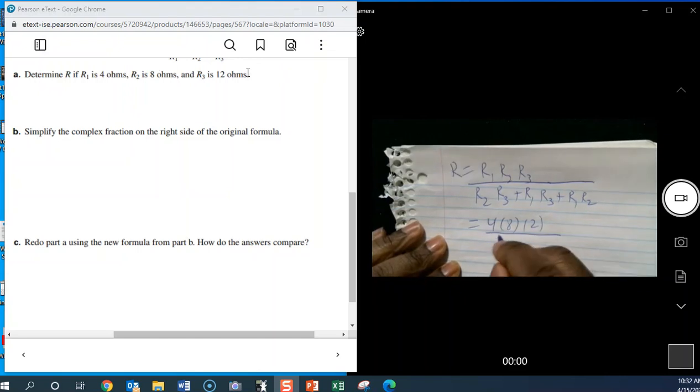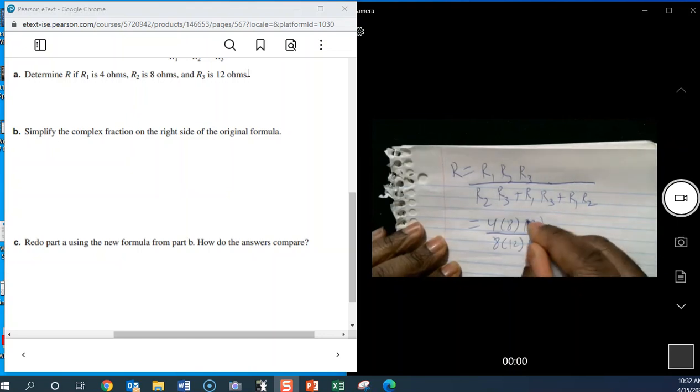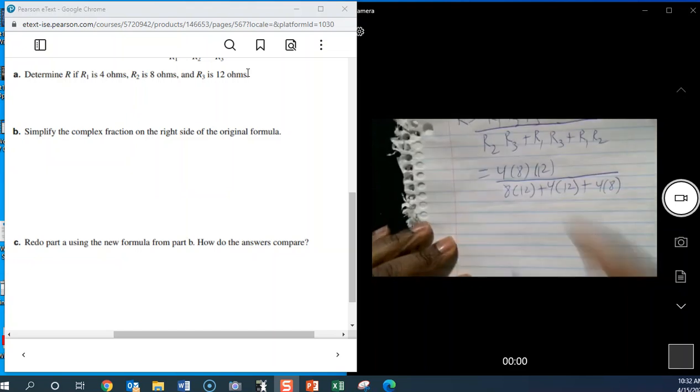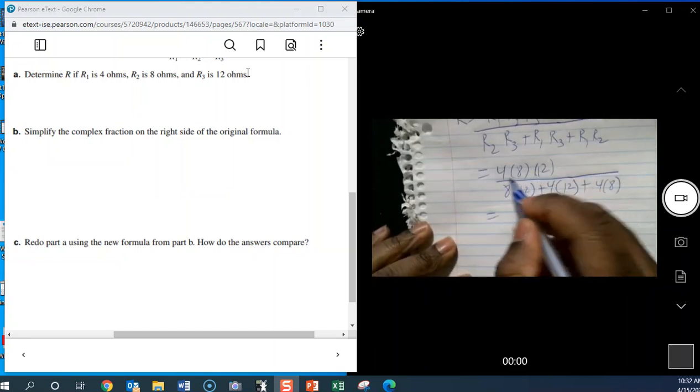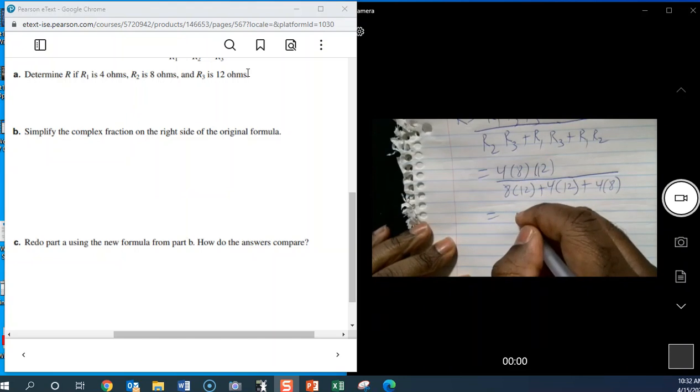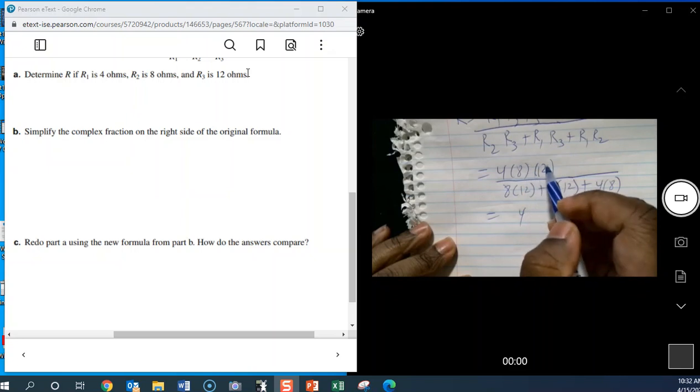All divided by, this would be 8 times 12 plus 4 times 12 plus 4 times 8. So this would be, let's see, 48 and 8. Let's see, 48.